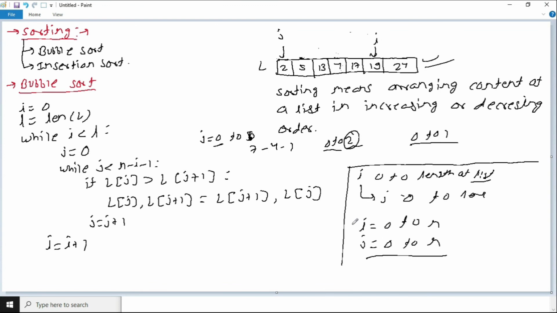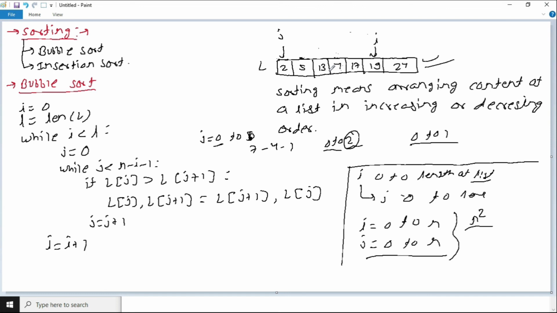We know that for a given pair of i and j, we are doing a swapping. So we may need a total of n square swappings. Of course, we are going to need fewer than n square swappings, but if you say I am not going to take more than n square, that will be a correct claim, where n is the number of elements in the list.